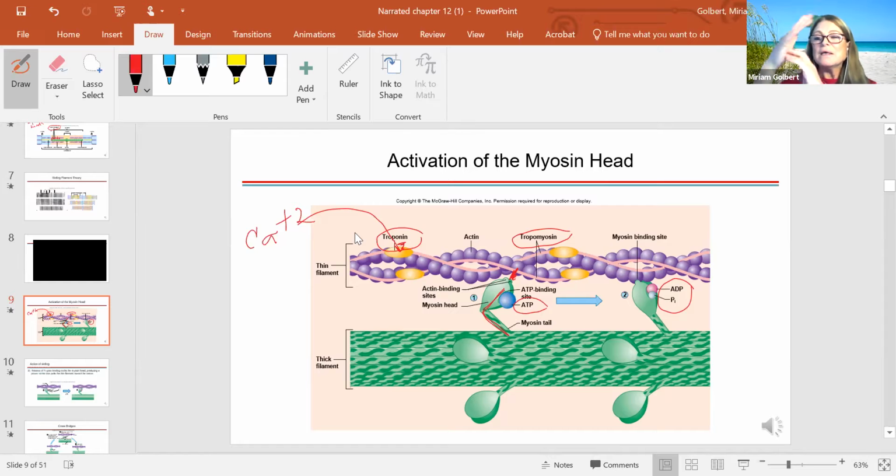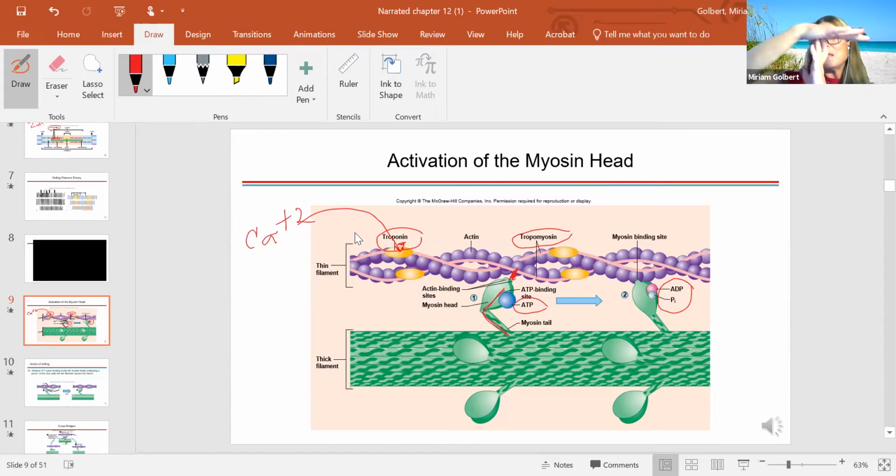So think of all the myosin heads that we have, when we can have a bunch of these heads forming these cross bridges, they're all doing that pivoting, that power stroke.